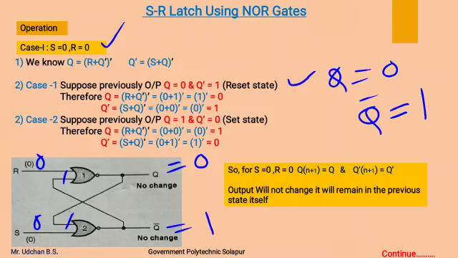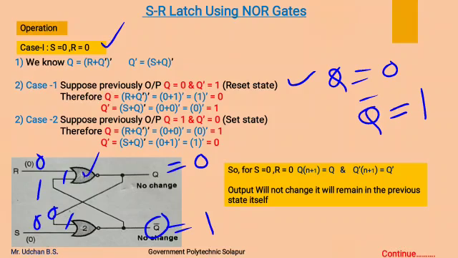So now we can have the another input of both the NOR gates. Another input of NOR gate 1 will be 1, as this Q complement is connected to the NOR gate 1. Another input of NOR gate 2 is 0, as the Q output of NOR gate 1 is connected as input to the NOR gate 2.